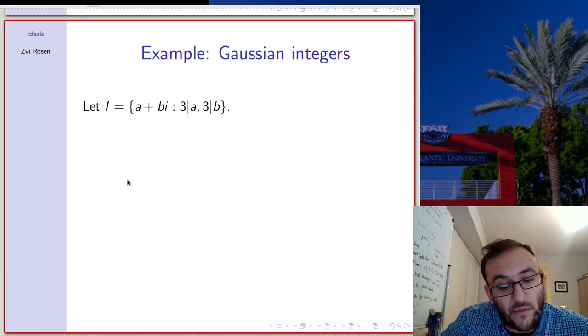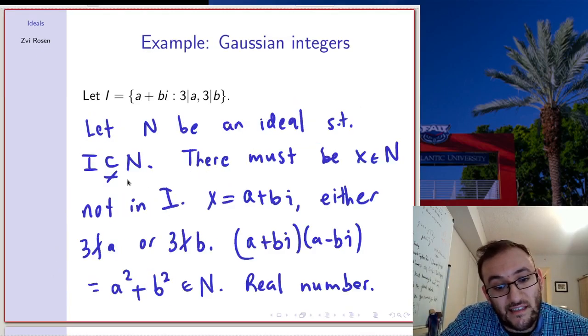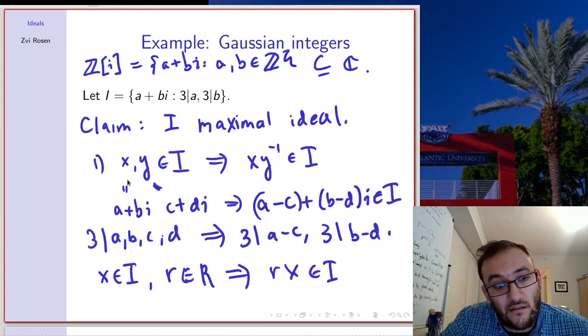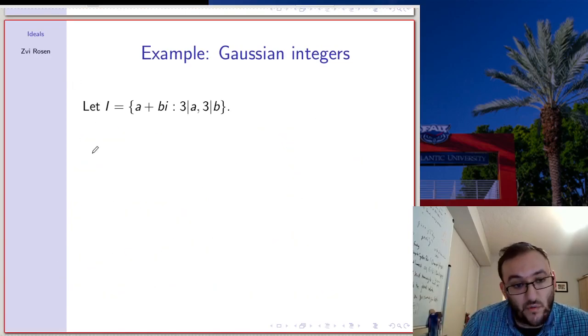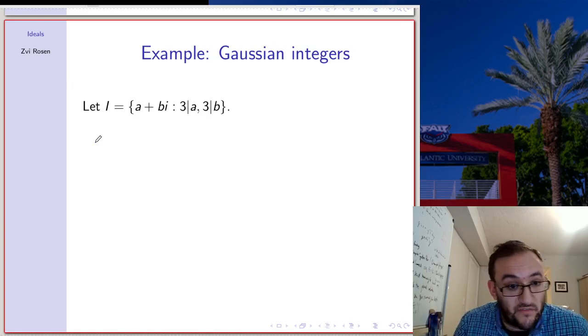Well, so we have that this is a maximal ideal, and so let's apply some of our new information about maximal ideals. We want to know what the quotient looks like, and it should be a field.